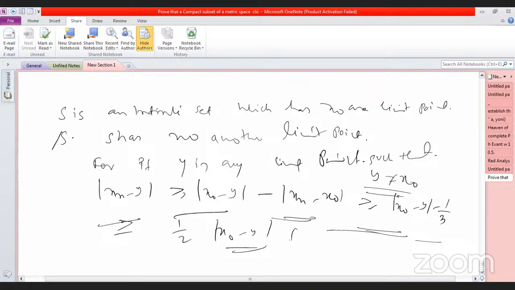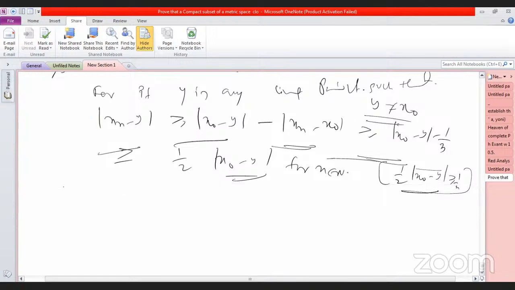This is a condition for n we are taking here, such that 1 by 2 |x naught minus y| is greater than or equal to 1 by n. So y cannot be a limit point of S, and S has no limit point other than x naught.